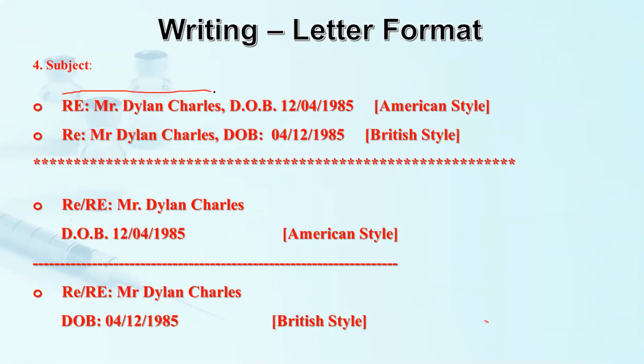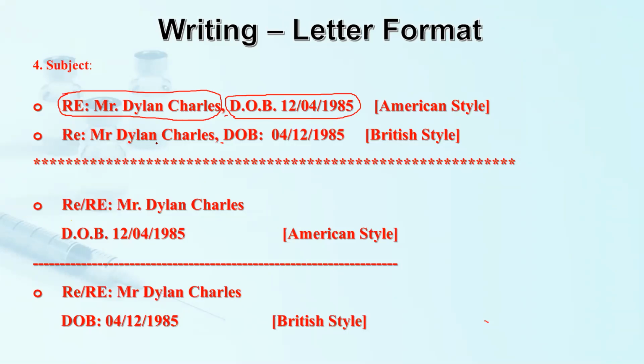Okay, this is the first part, which is the name of the patient, and this is the date of birth. The first option we have is to write these 2 parts enclosed and separated using this comma and 1 space. And the same thing in British style.